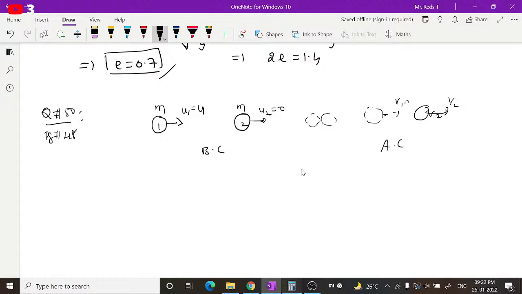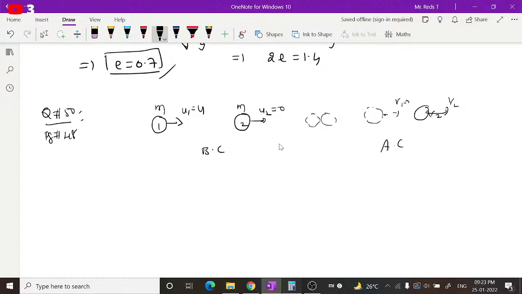If it is perfectly elastic, they will interchange velocities. But in this case, the coefficient of restitution is mentioned and nothing else, so you have to consider this in a different way.